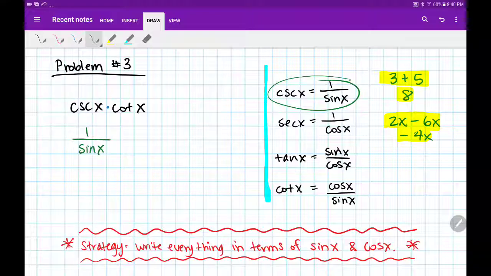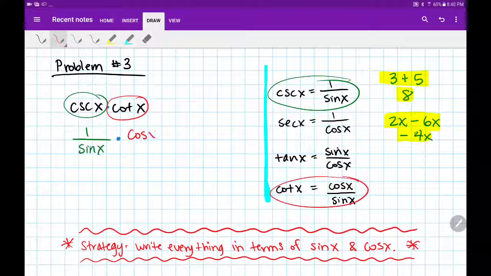I guess I should color code these. Okay, cosecant is 1 over sine x. And I'm going to multiply that by cotangent. Well, cotangent needs to be rewritten as well. And I'm going to use the cotangent formula, which is cosine x over sine x. Now I have successfully completed my strategy. I've rewritten everything in terms of sine and cosine.